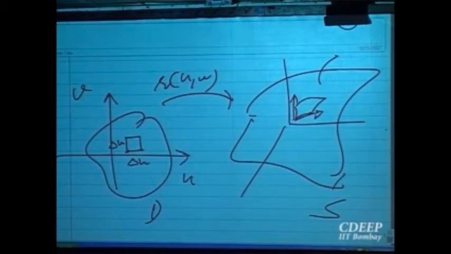So you know how much you are moving in each direction for a small distance. If this is in the u direction, what will be this portion? The rate of change, that is r_u. How much distance are you moving? Delta u. You can think this vector is given by this. Similarly along the other one, the direction will be r_v, and delta v is the distance you are moving.